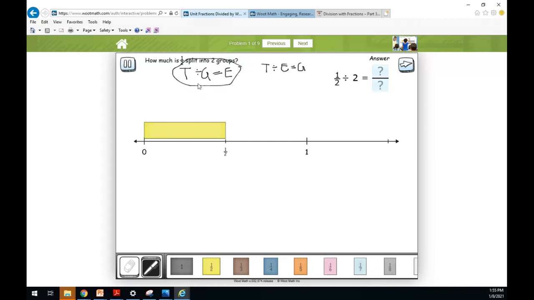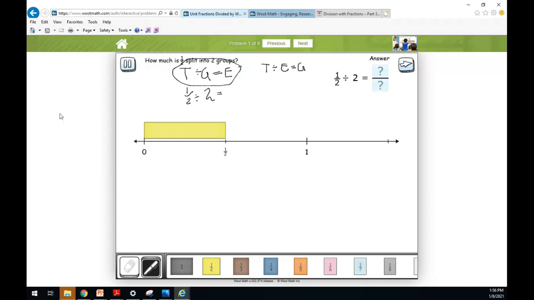For example, let's say I have 1/2 divided by 2 whole groups. What is going to be the size of each? Let me give you a situation.